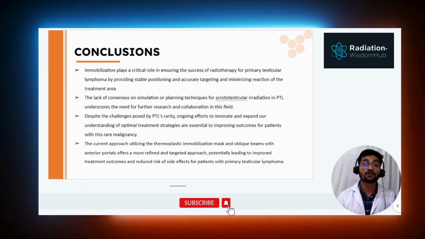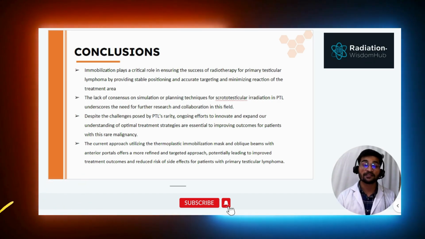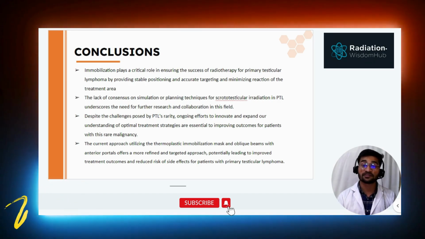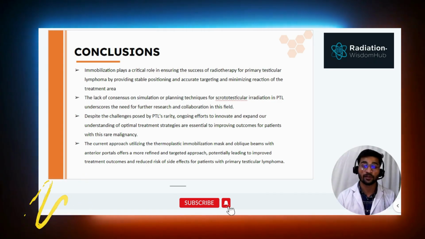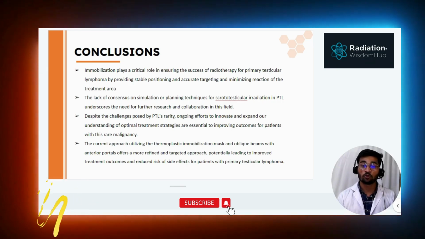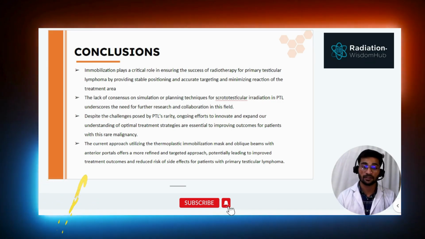So here is the total conclusion of this case study. Immobilization plays a critical role in ensuring the success of radiotherapy for primary testicular lymphoma by providing a stable position and accurate targeting and minimizing the reaction of the treatment area.